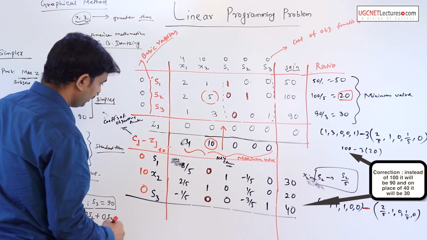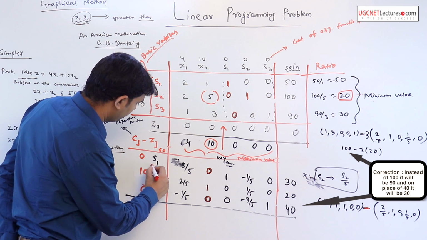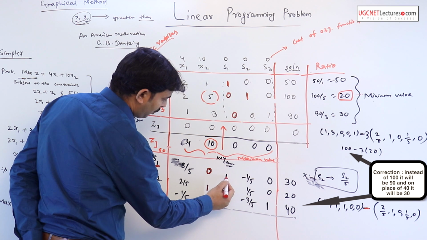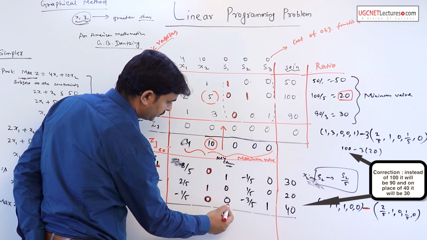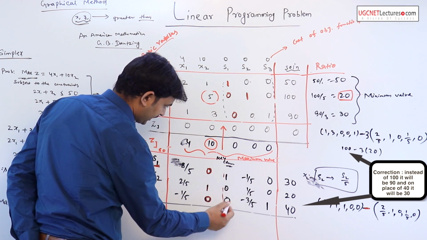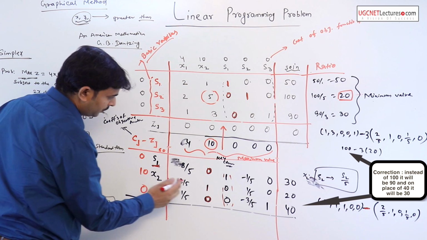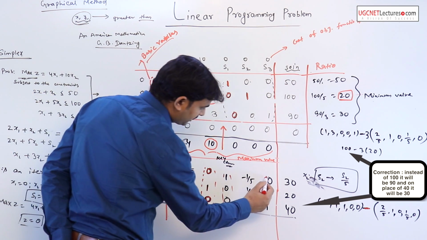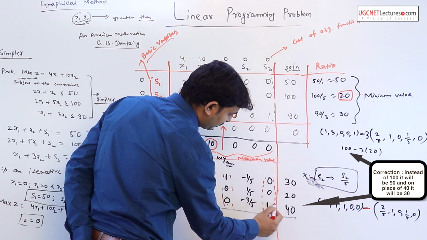Now, if you look carefully here, S1, the column is 1 0 0. S2, the corresponding column is 0 1 0, and S3 is already 0 0 1.